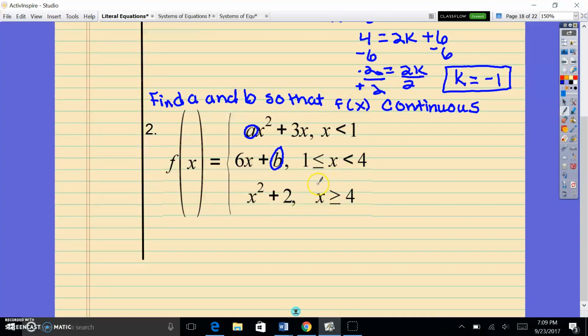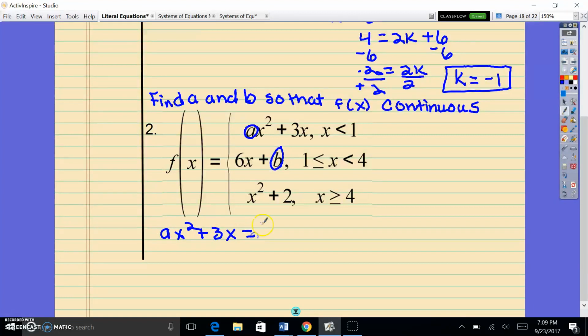So this means we're actually going to have 2 separate equations, similar to the previous example, but at 2 different x locations. So I'll start by trying to connect the first and the second function first. So I have ax squared plus 3x.